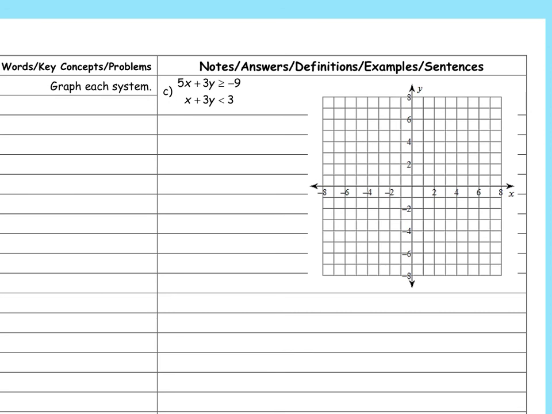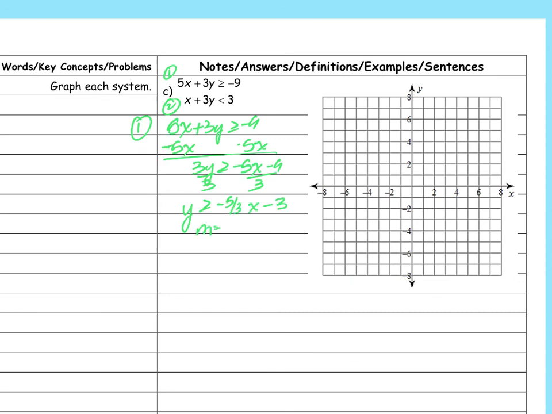So I have question 1 and question 2. So I've got 5x plus 3y is greater than or equal to negative 9. Subtract 5x: 3y is greater than or equal to negative 5x minus 9. Divide by 3: y is greater than or equal to negative 5/3 x minus 3.